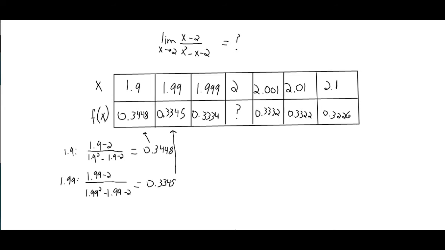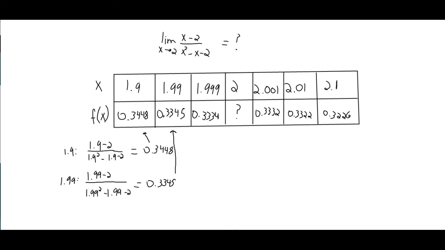So we start at basically 0.34, we go down, we get to 0.3334, and then we go to 0.3332. Well, right in the middle there, it looks like we skipped 0.3333, right? It looks like on both sides, the value of the function is approaching 1/3 as x is approaching 2. Right? Do you see that?